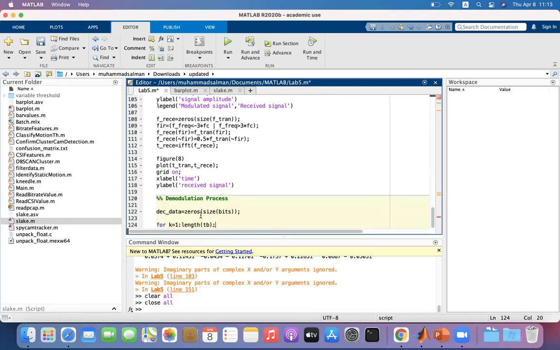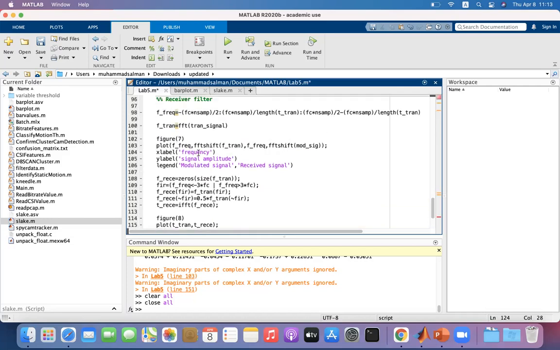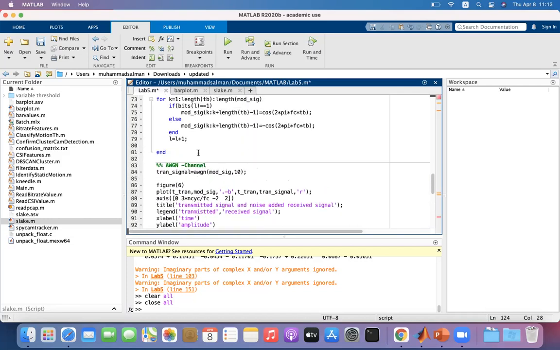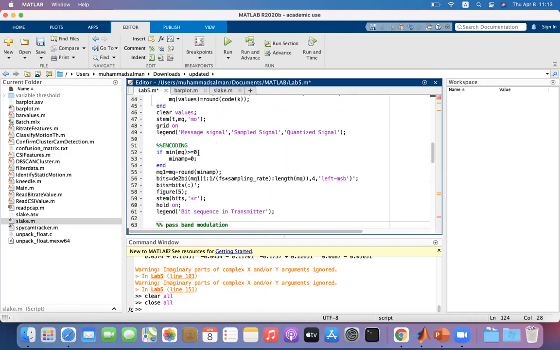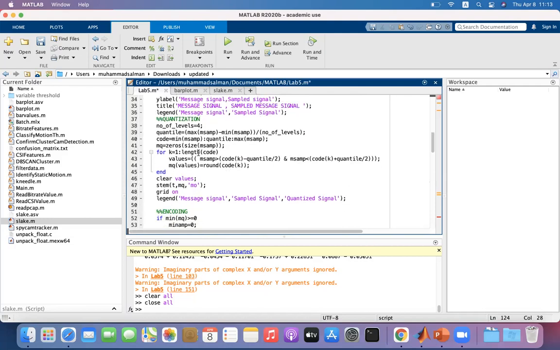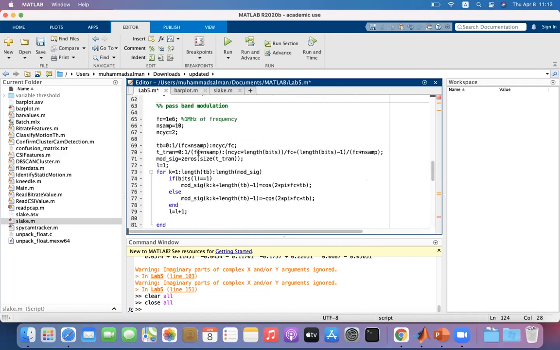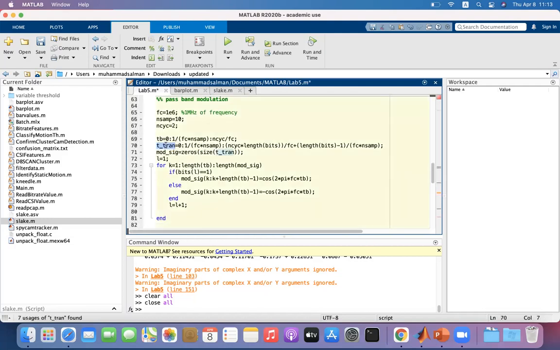Then we should go up to the length of T transmit, T underscore tran.